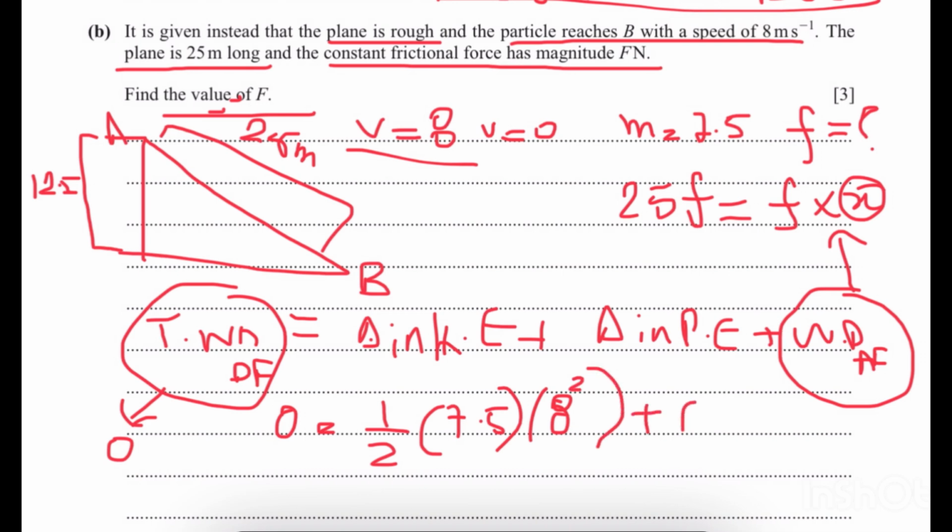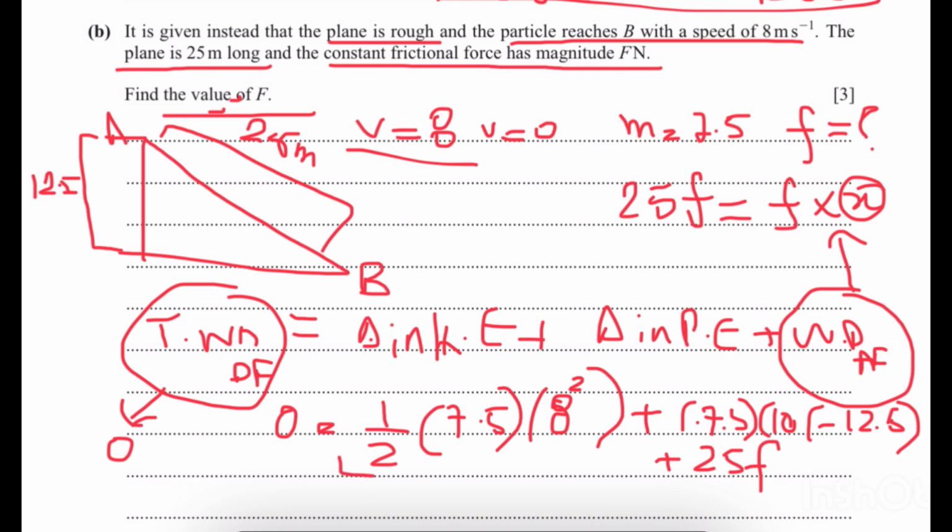Plus mgh, which will become 7.5 times 10 times the change in height, which again is negative 12.5, plus 25F.